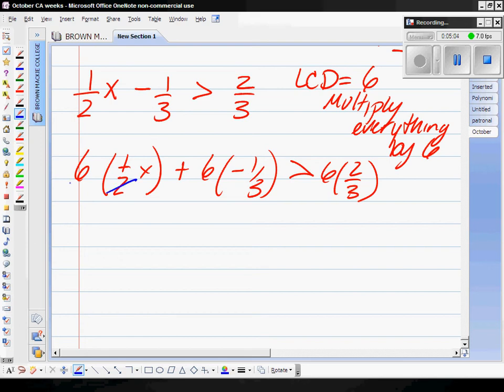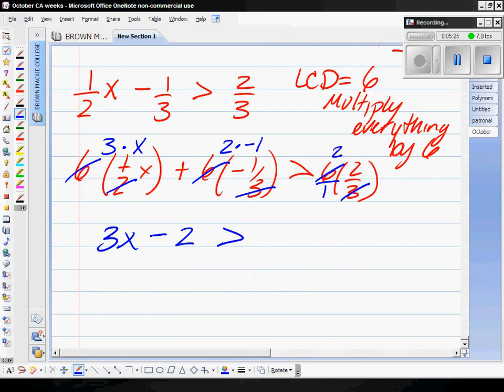Well, 2 can go into 6 3 times, so that leaves you with 3 times x, or just 3x. 3 can go into 6 how many times? 2, so that leaves you with 2 times negative 1, so that just gives you a minus 2. Greater than, well, 3 can go into 6 again 2 times, and then I'm left with that 2, so it's 2 times 2, which is 4.